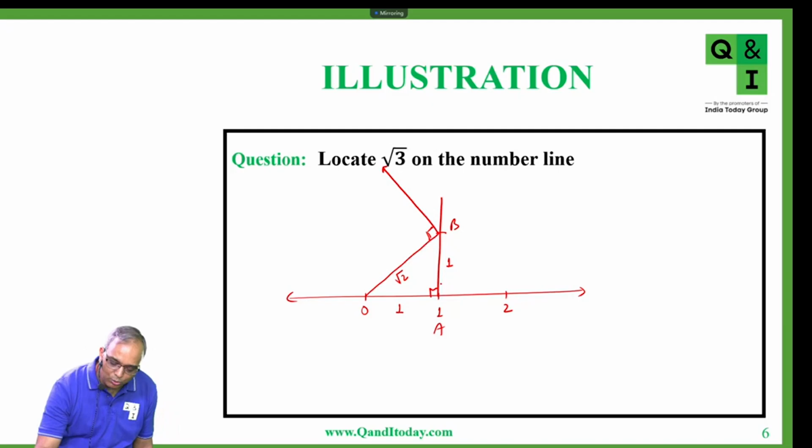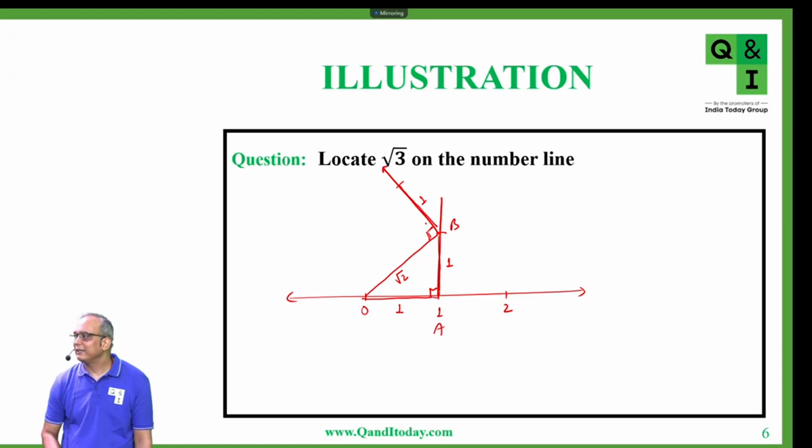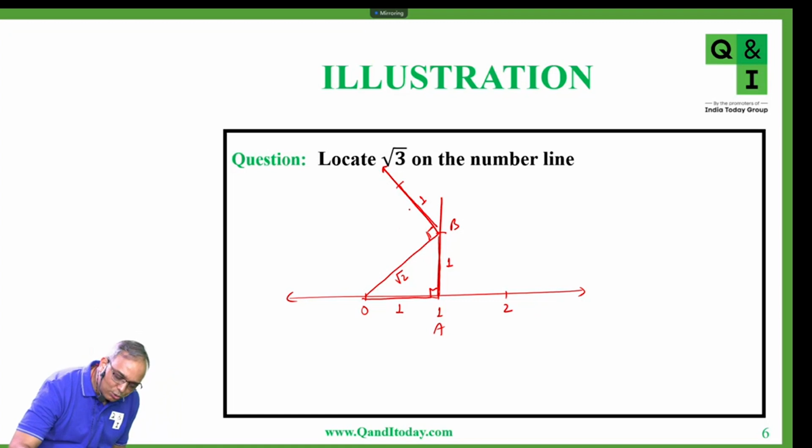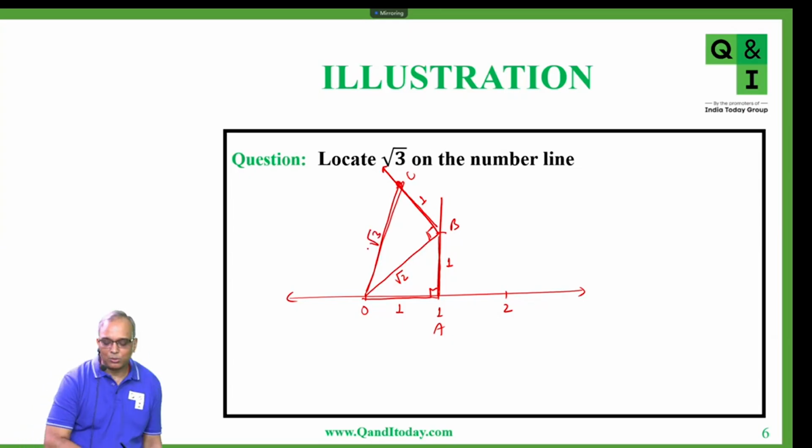And what we'll do, we will cut 1 unit here as well. So this is 1 unit, same length, we'll cut it here as well. Clear? So now let us join this. So this is, let's say, point C. So OC will be equal to √3.